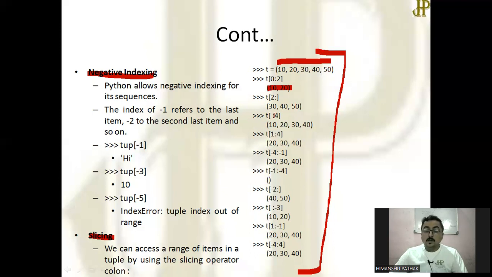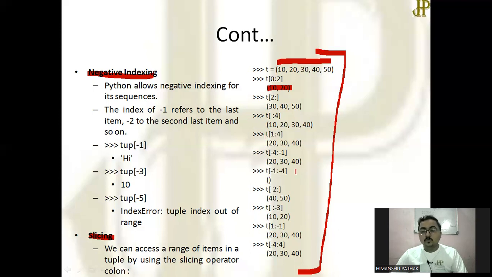Now the starting element is ignored, but I supplied the last element, that is 4 minus 1, the third element. So it starts from 10 and moves towards the third element, that is 40. So 10, 20, 30, 40 is shown. Same like this, all other possibilities are to be checked.